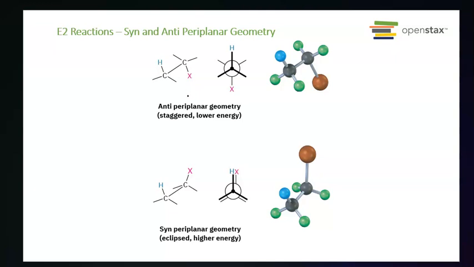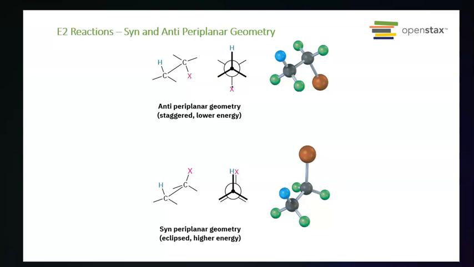So in an E2 elimination, the reaction occurs with an anti-periplanar geometry in which the H and the X that are going to be removed, X is the halogen atom and hydrogen is my beta hydrogen, are required to be in anti-periplanar geometry. That means the hydrogen and the leaving group should be on opposite sides of the molecule.